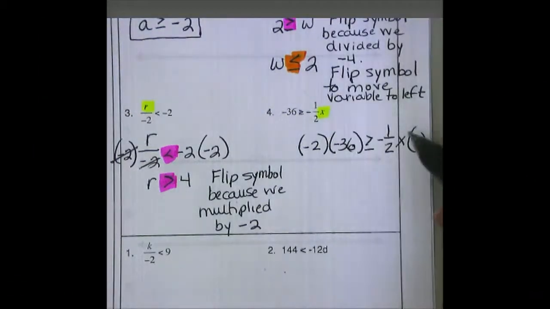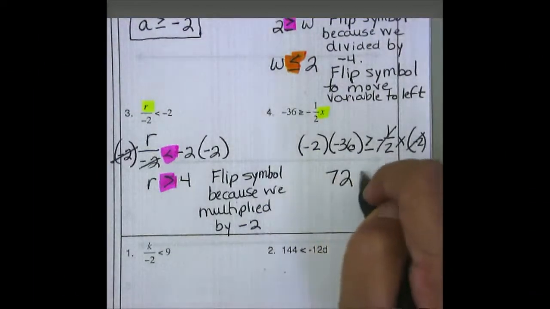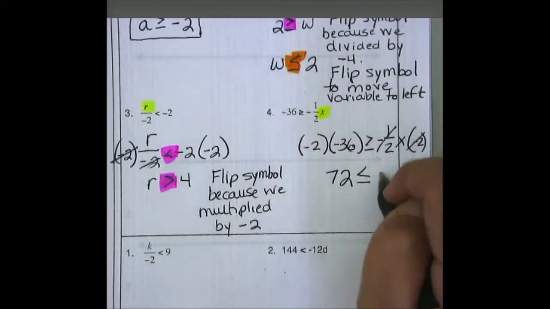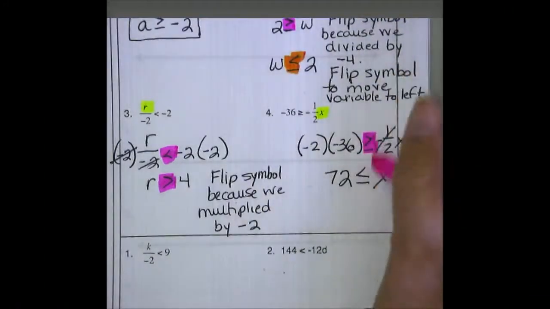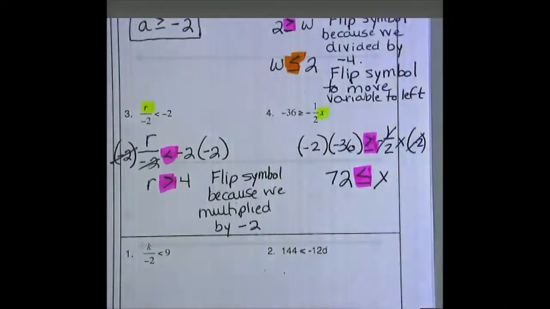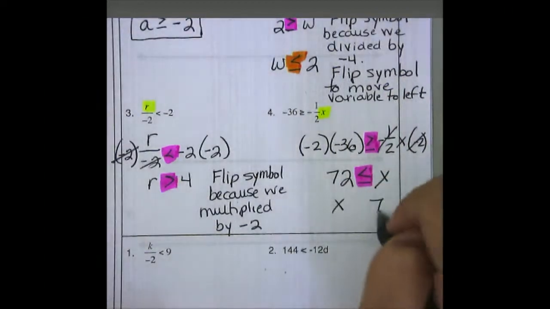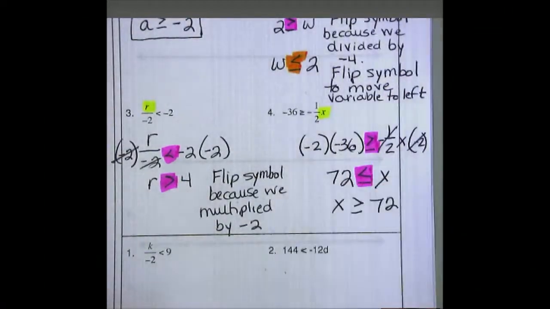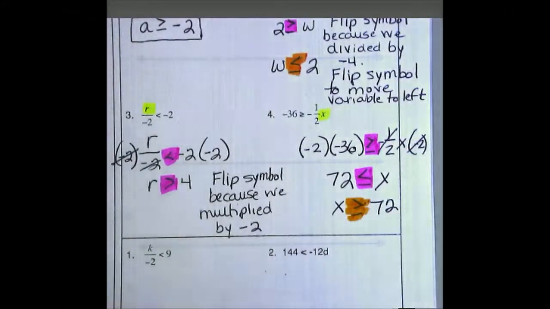When we do that, this cancels these two out. We get 72 is less than or equal to x, because we had to flip that symbol when we multiplied by the -2. But then we've got our x on the wrong side, so when we move it, we're going to flip that symbol back, so it's once again one of those double flipping situations.